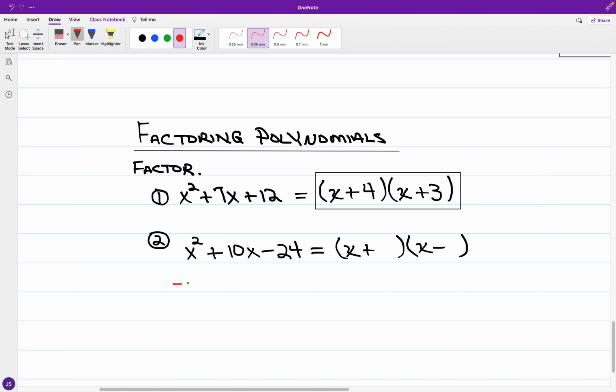So for negative 24, you have 24 times negative 1, 12 times negative 2, 8 times negative 3.